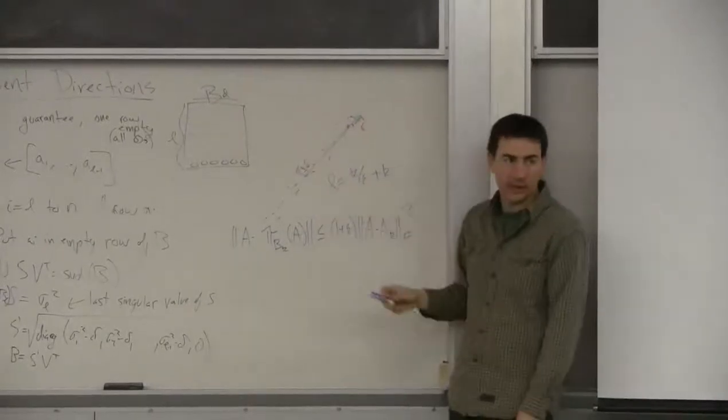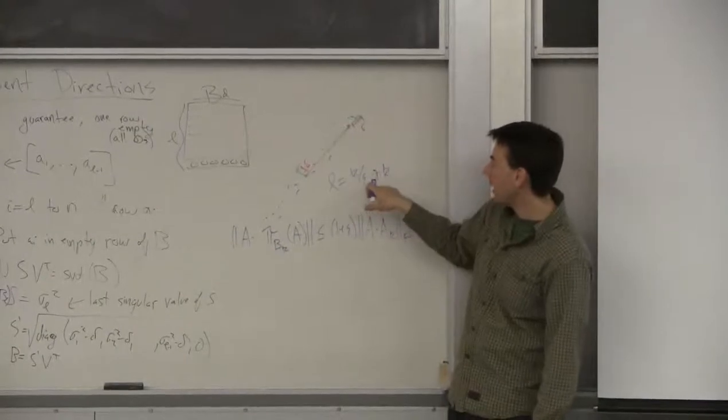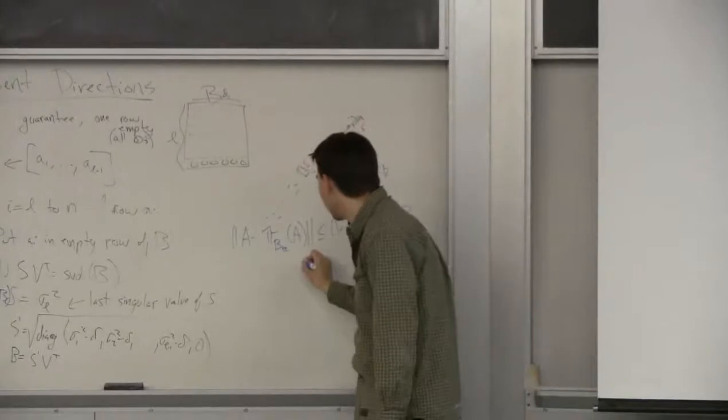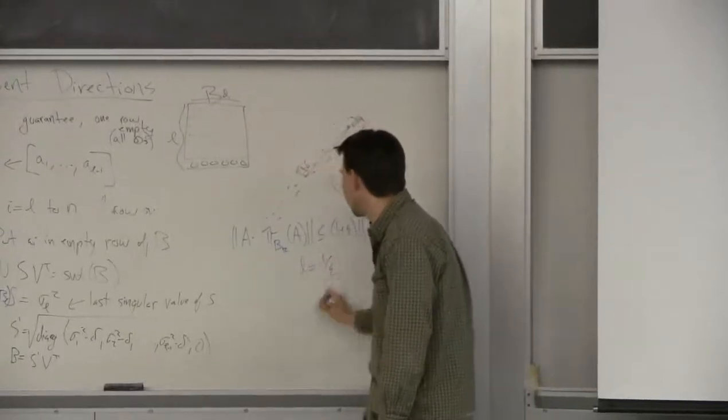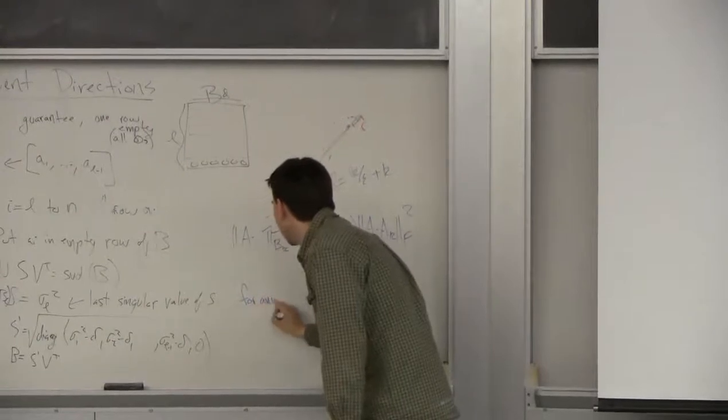This one does not have any constants. So if I set L to be this big, by a factor of 1 over epsilon larger, I get this bound.